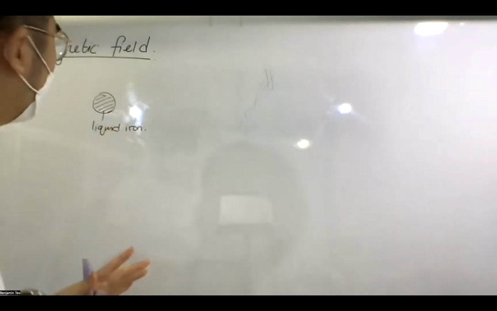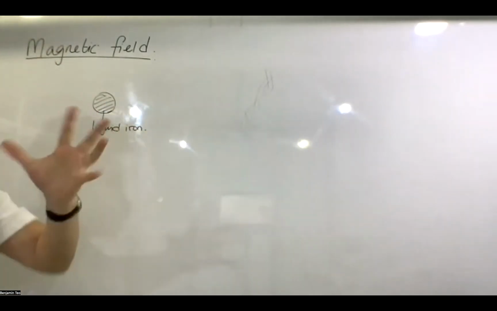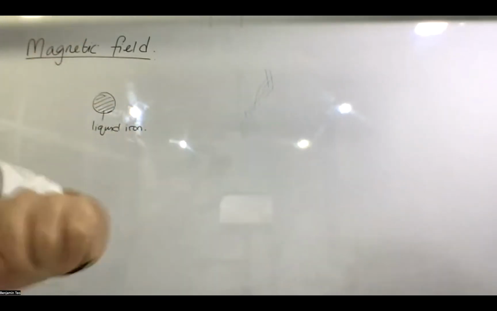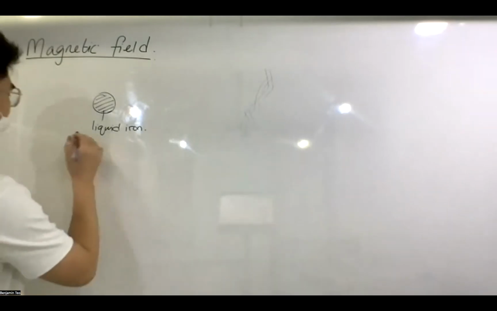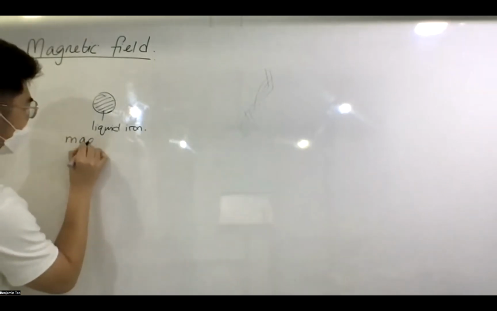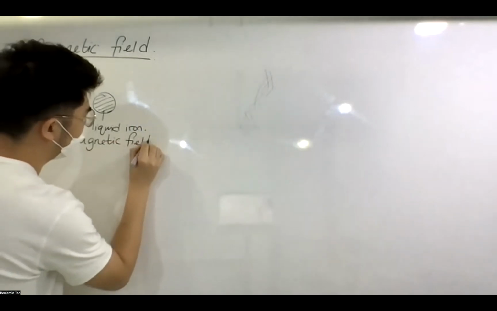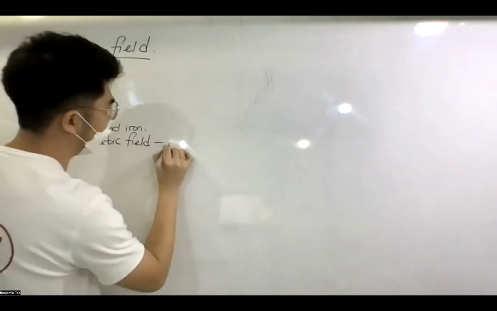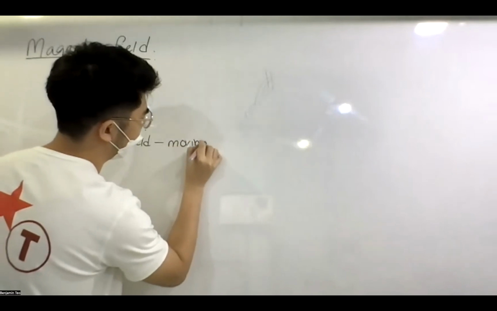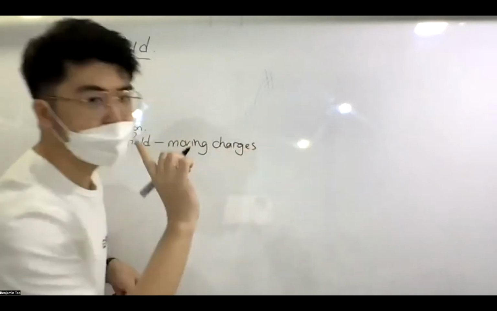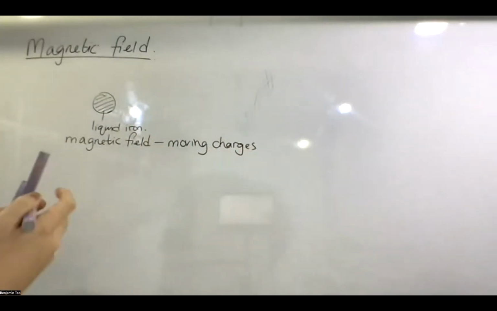We say that the magnetic field of the Earth comes from the moving charges in the outer core. Magnetic field comes from moving charges. Not stationary charges, it's moving charges, okay?